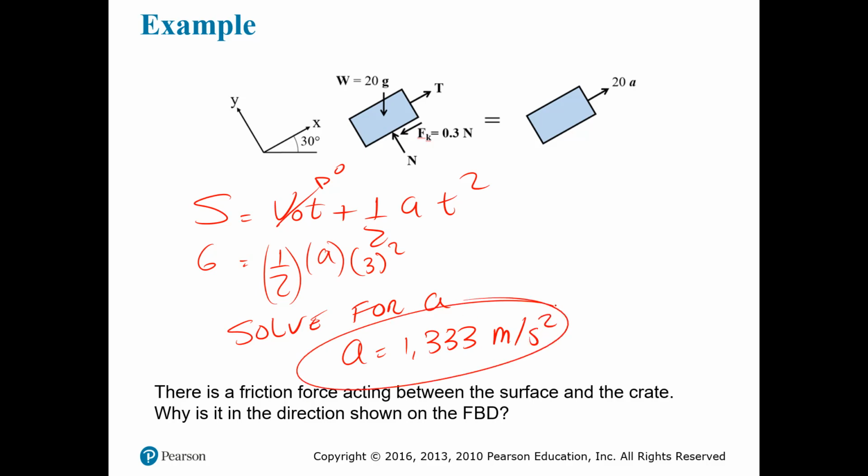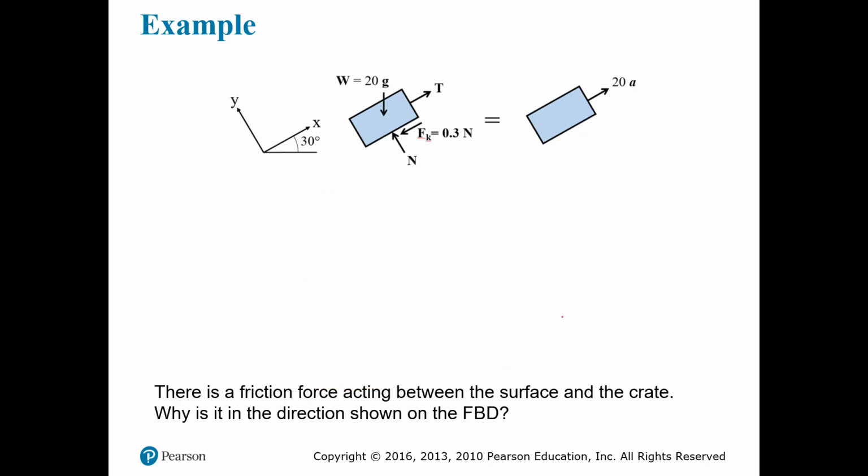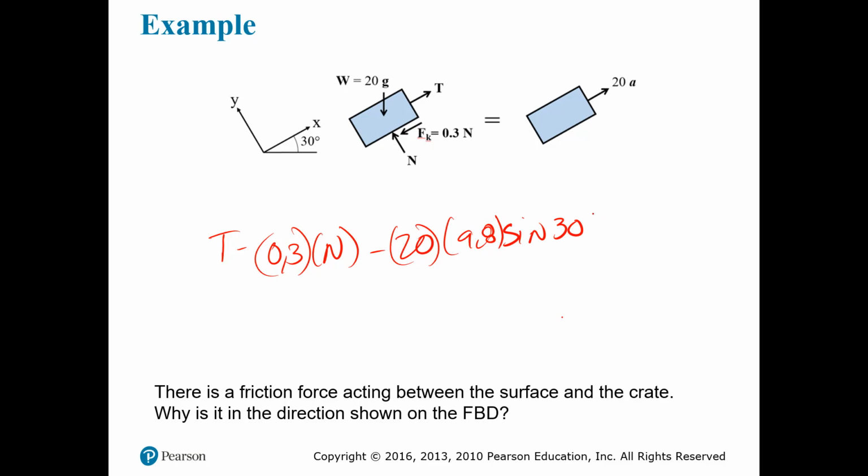And now you can take this value and plug it into the equations of equilibrium in order to get T minus 0.3 multiplied by the normal force minus 20 times 9.81 times the sine of 30.